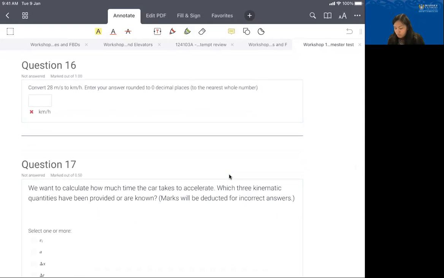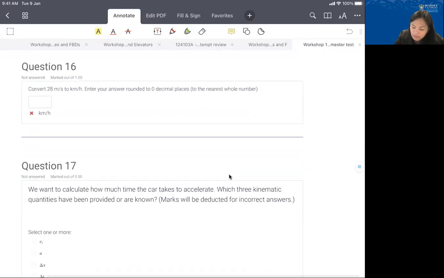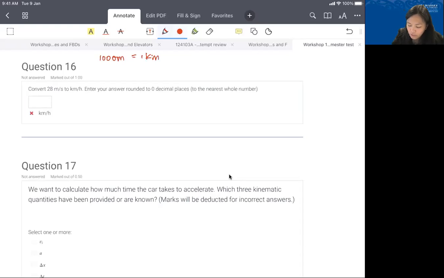For conversion questions, you always need a conversion factor. 1,000 meters is equal to 1 kilometer, and 3,600 seconds is equal to 1 hour.